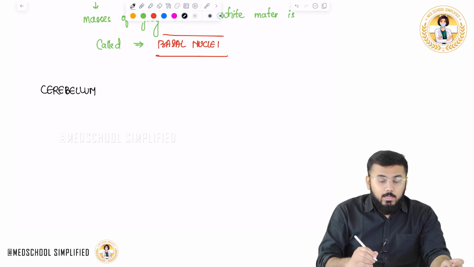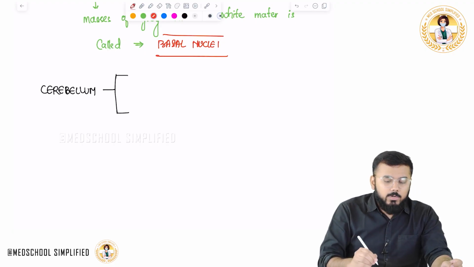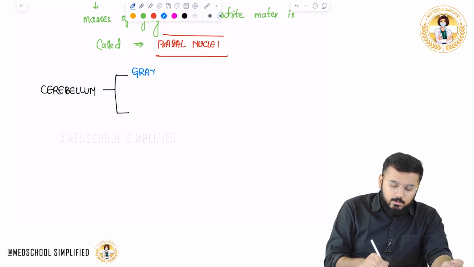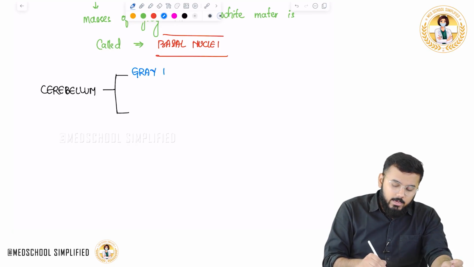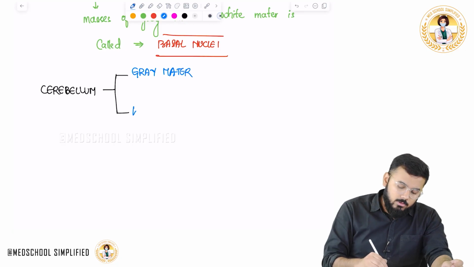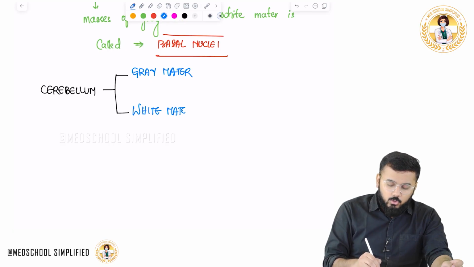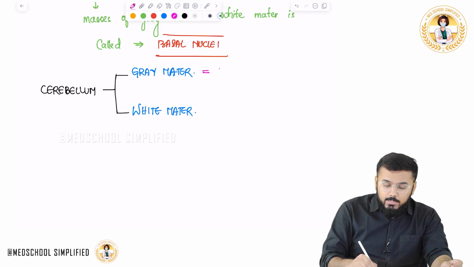Cerebellum. Okay. Now this cerebellum has two important things. What are the two important things within the cerebellum? Again the same. It has gray matter, but we have to see whether it is outside or inside. Okay. It has gray matter and it also has white matter. So within the cerebellar hemisphere also, the gray matter is located outside.